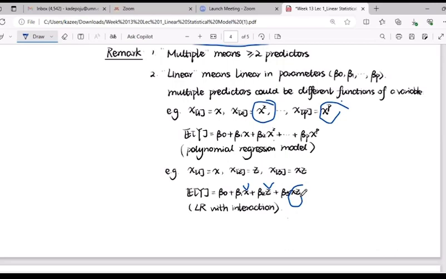Maybe the relationship between X and Y depends on Z. In a situation where the relationship between X and Y depends on another factor, then we need to incorporate interaction effects. That's what I mean.